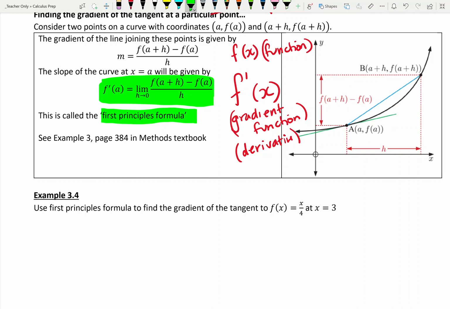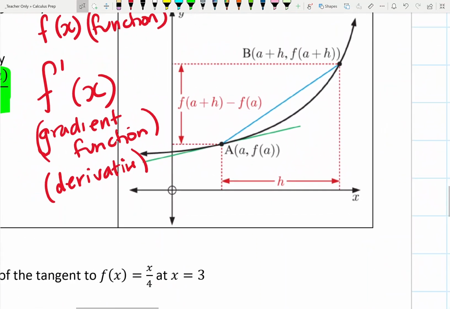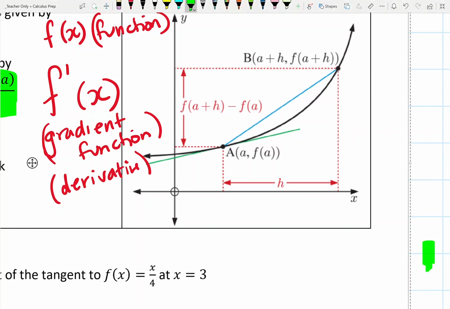So what are the 2 points that we're talking about in our example here? Here we've got our values of A and B. A is just some unknown value.